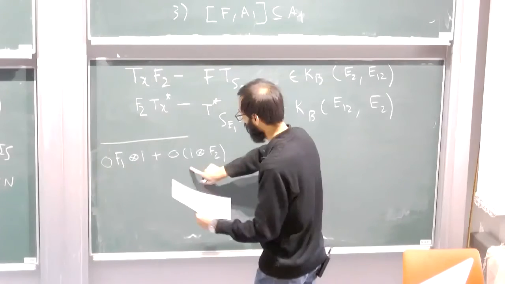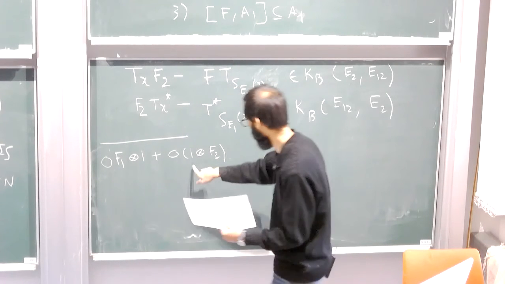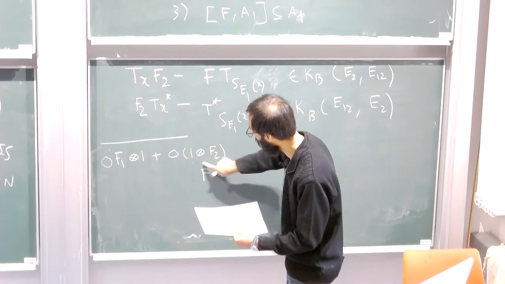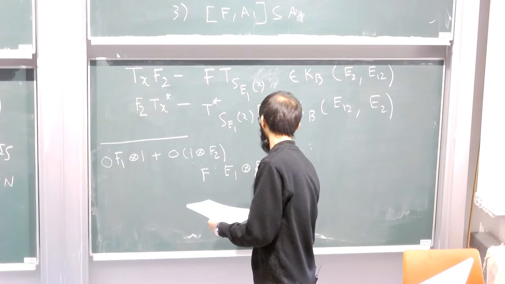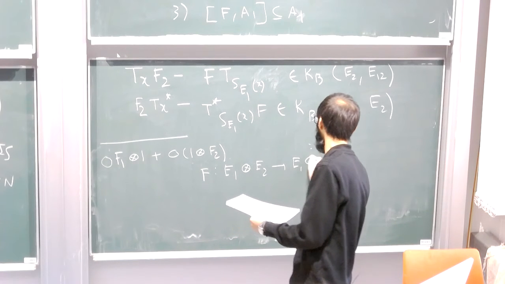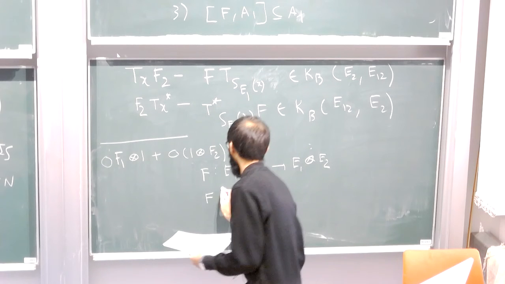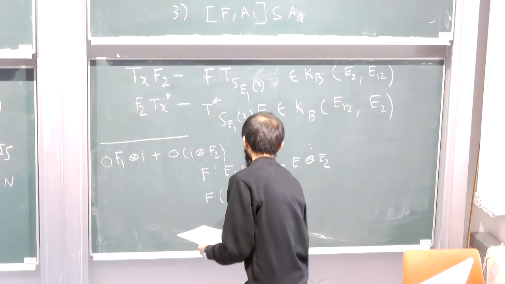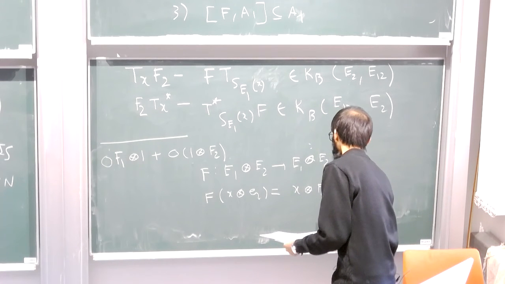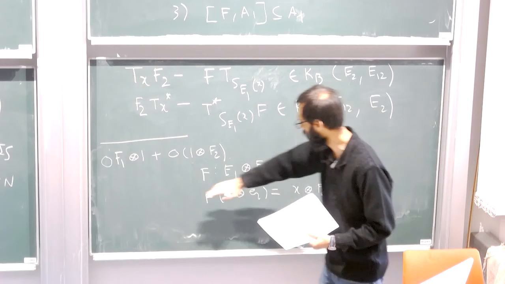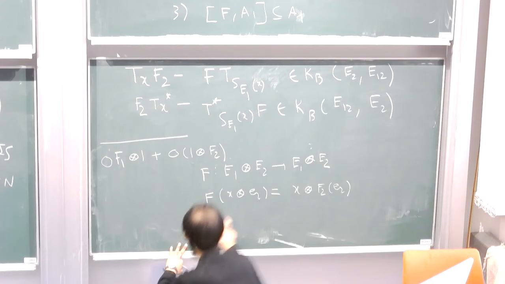So let me now write. Suppose we have some F here as a replacement. I would like that to be one tensor F2, acting on E1 tensor E2. I write it abstractly as F. It would act on a simple tensor like this. So what is this?